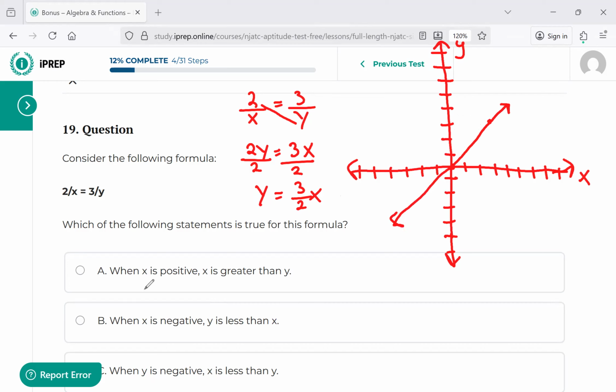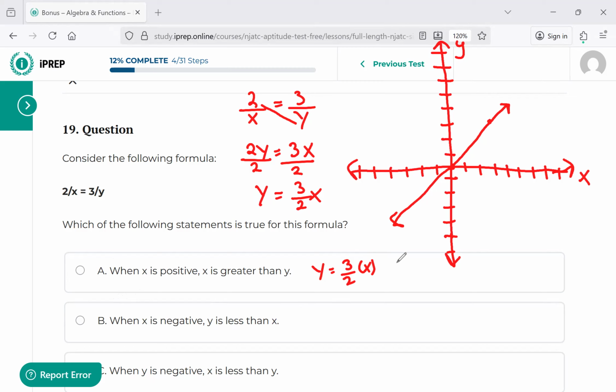Okay, so let's look at our choices. Part A, when x is positive, x is greater than y. Actually, this one, maybe we could just plug in values. When x is positive, that means 1, 2, 3, 4, and beyond.